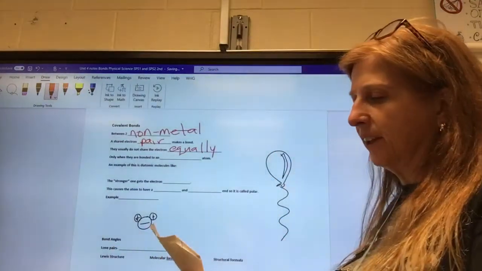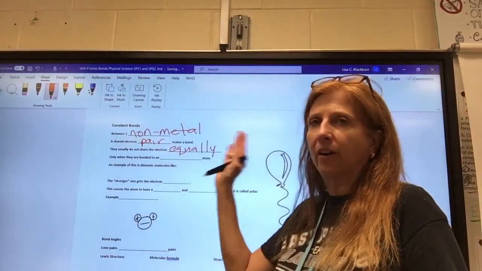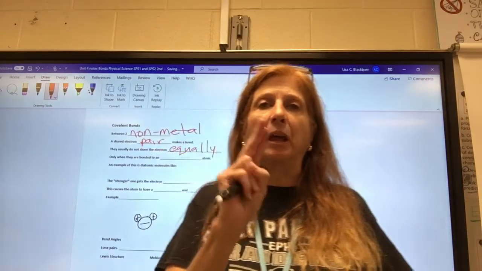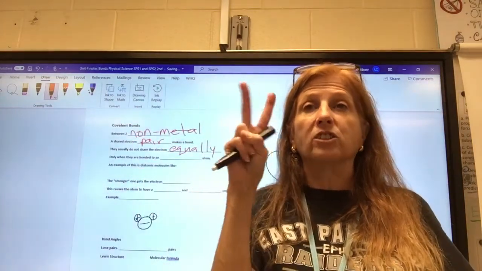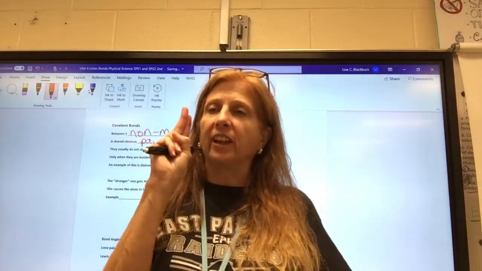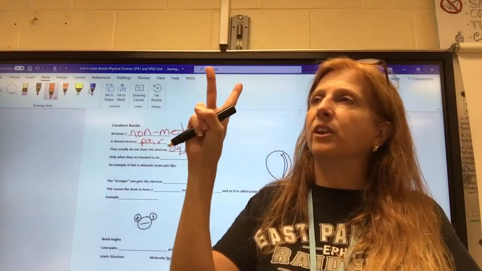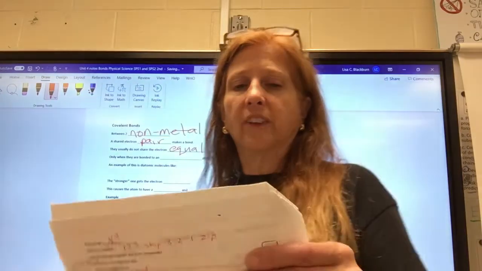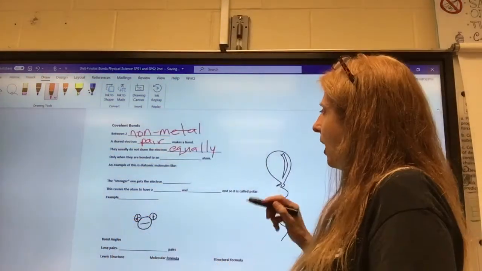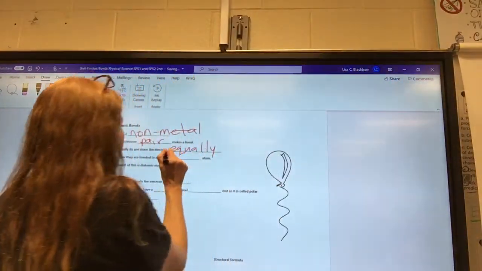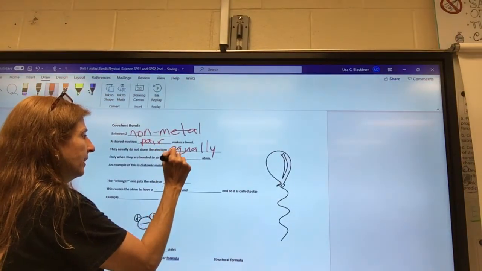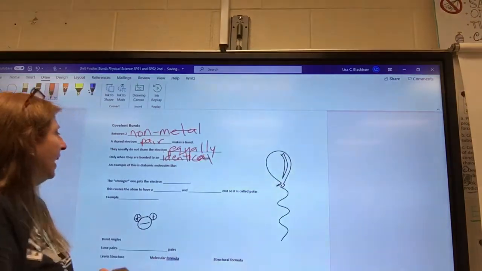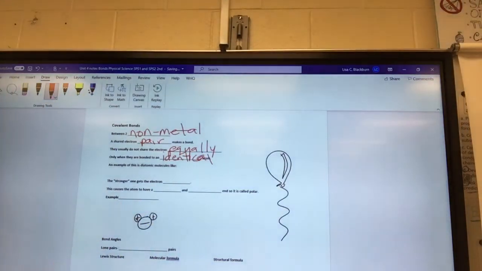And that's how it is with most of our elements. The only ones that share them exactly equally is when it's the same element. So if it's two oxygens bound together, they share the electrons equally. If it's two nitrogens bound together, they share the electrons equally. Okay? So they only do this when they're bonded to an identical atom. So that would be diatomic molecules.